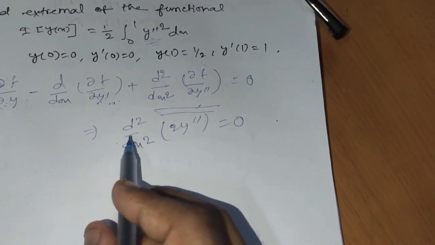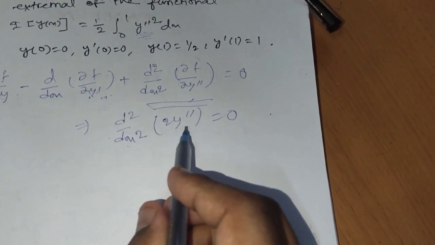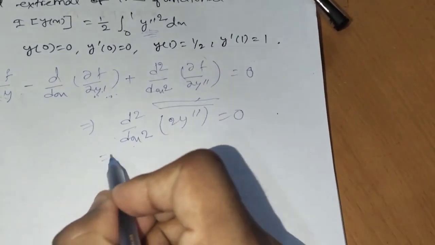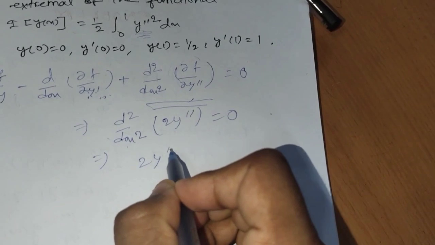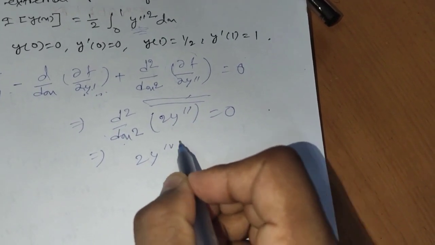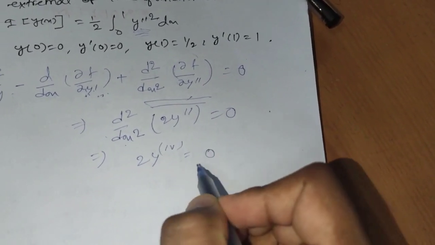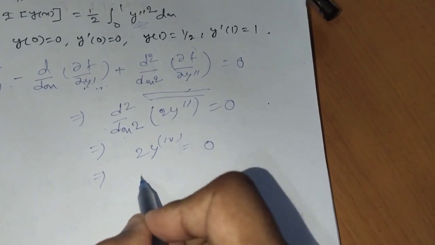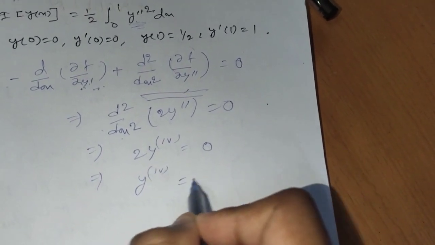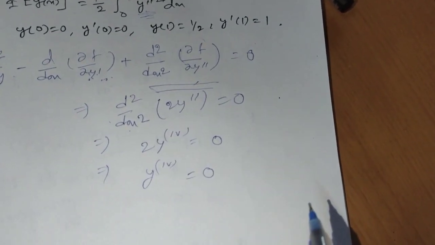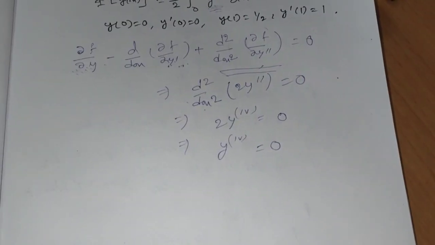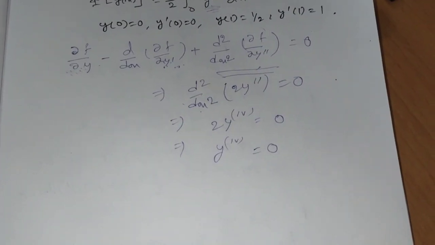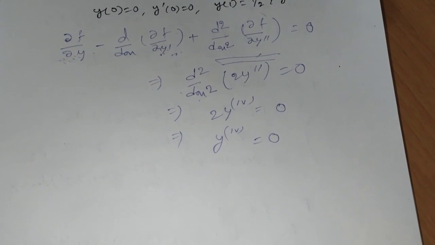Okay, now the second order derivative of 2y double dash is 2y, the fourth order derivative, equal to 0. Okay, that is y fourth will be 0. Fine. Now to find the value of y, we have to integrate this up to 4 times.